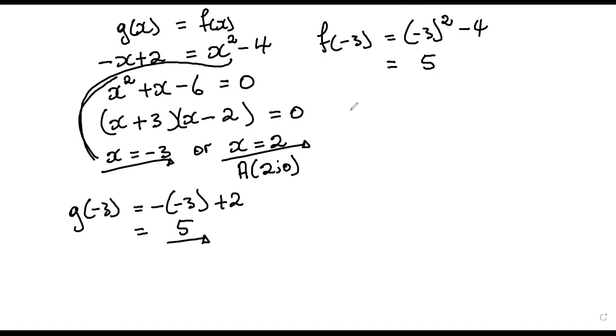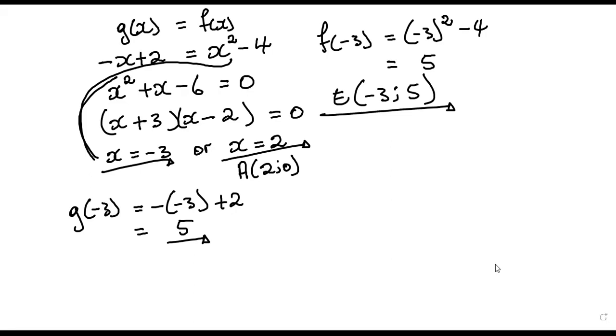So what is important is that the coordinates of E are going to be -3 as well as 5, like that. So that's how you find the points of intersection of your two functions. You simply equate the two functions because it's where they are equal. And then you are set.